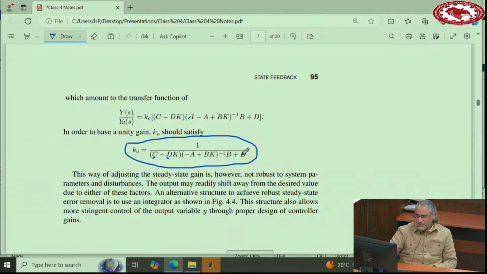If they can, then you calculate this for the nominal values and put it there, and then you run the system, you realize that you have a few percent error in the steady state.